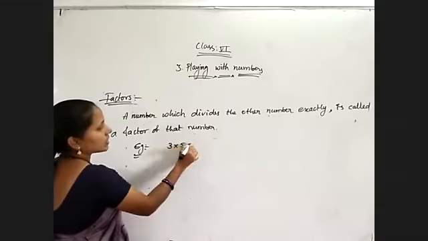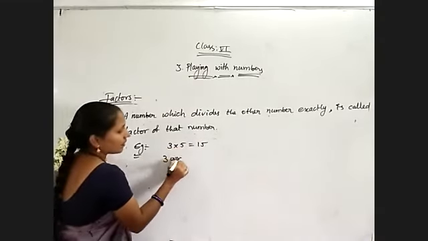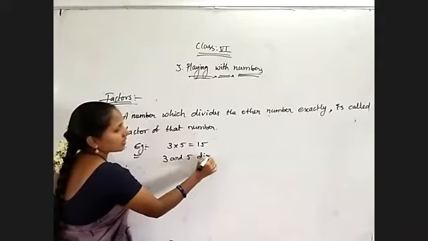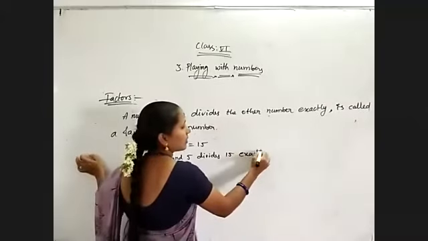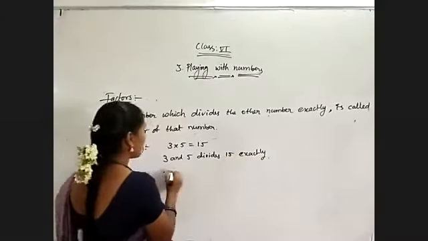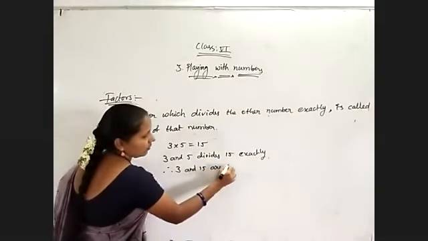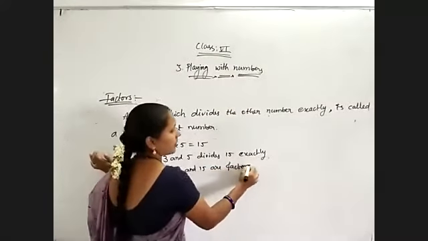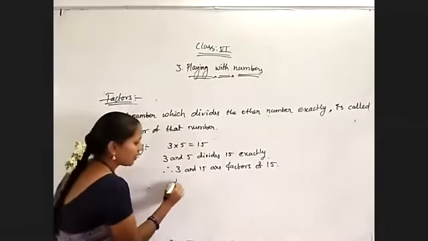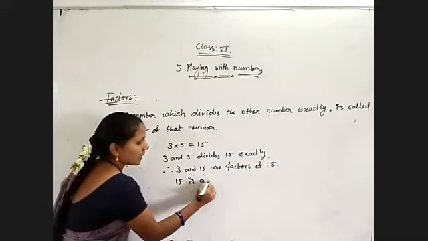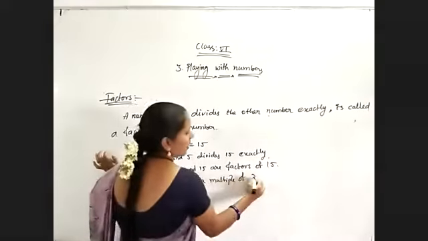3 into 5 is equal to 15. So 3 and 5 divide 15 exactly. Therefore 3 and 5 are factors of 15, and at the same time 15 is a multiple of 3 and 5.